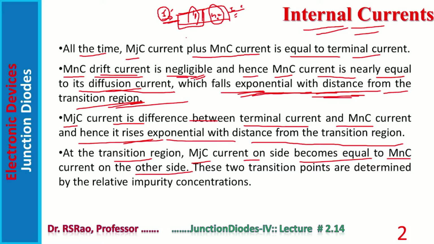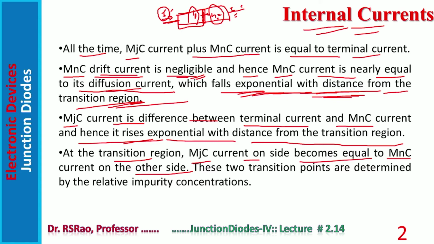Why? The reason is, notice, on the P side the whole current is majority carrier current. This current, when it enters the N region, becomes minority carrier current. During the travel through the transition region, no recombination happens, or the recombination that happens is negligibly small.